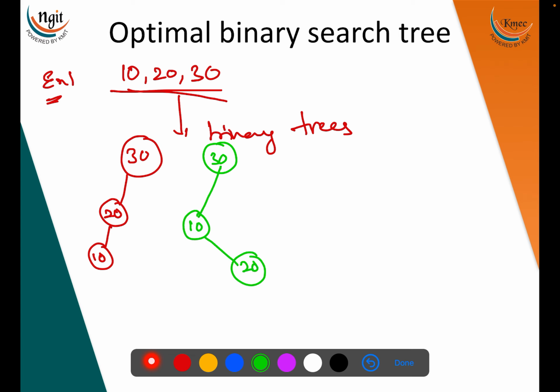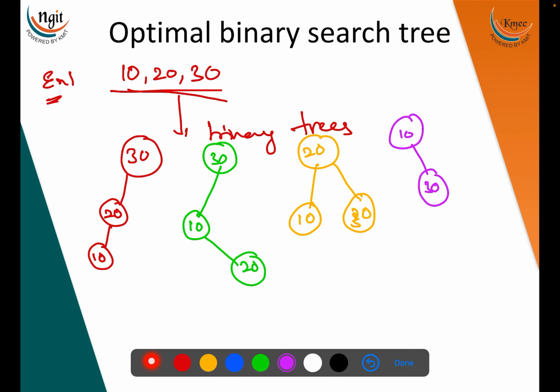This is one more binary tree. 20, 10, 30. This is the other one. 10, 30, 20, and this is one more. 10, 20, 30, right? So how many trees do we have? 5 trees.